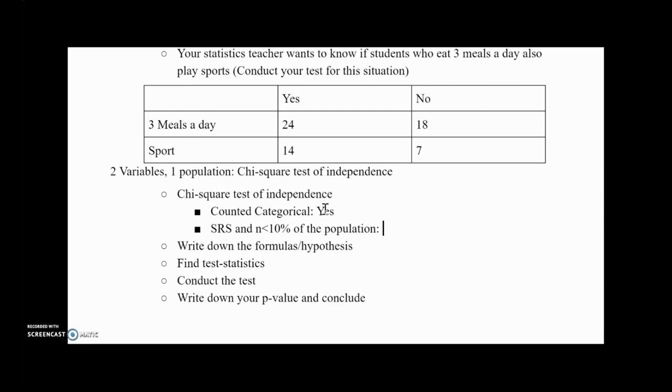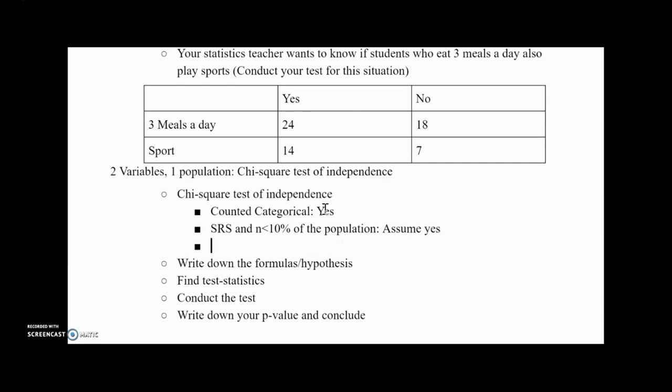I didn't say anywhere in the question that it was, so if it's never stated, you always say assume yes. That's how you can continue on. The next one is expected is greater than 5. Because I can't use greater than or equal to here, I'm going to say greater than or equal to 5. Now, how do you find the expected?